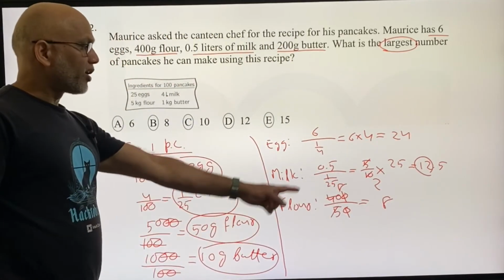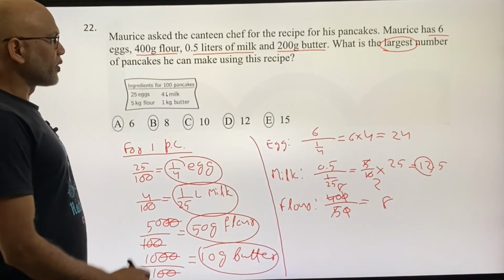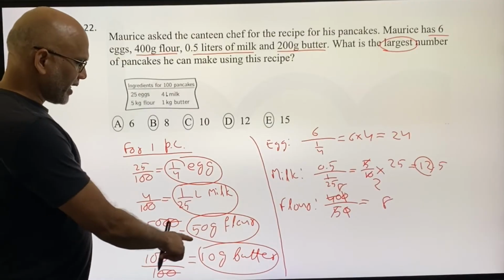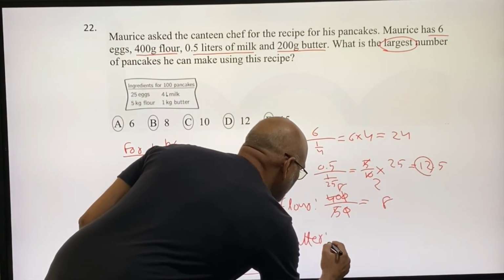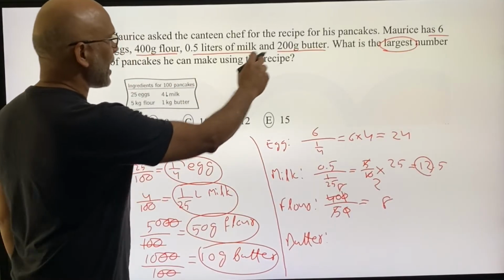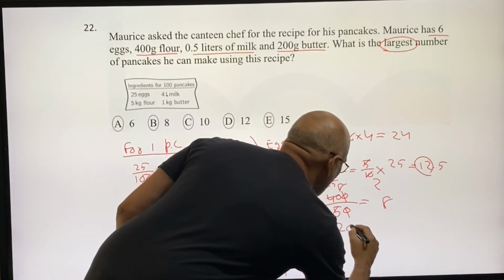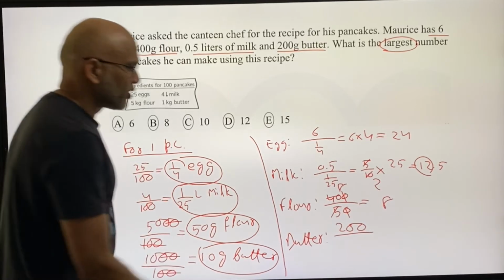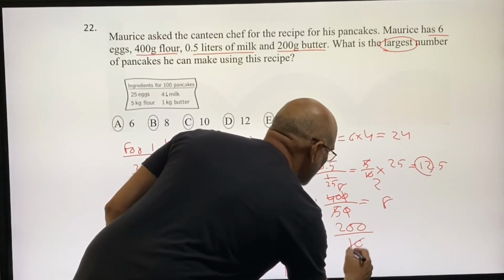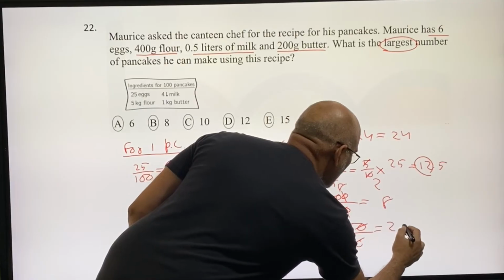So with just the flour, I can make 8 pancakes. Okay, and then what is remaining is the butter. How much butter do I have? I have 200-gram butter, but for one I need 10-gram butter. So divide by 10. So this is going to be 20.